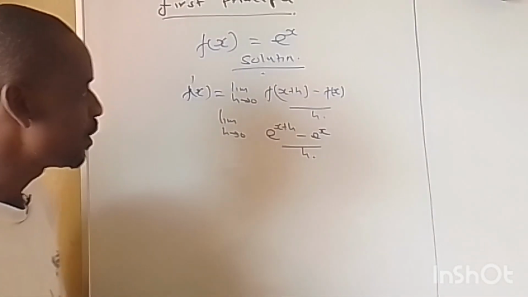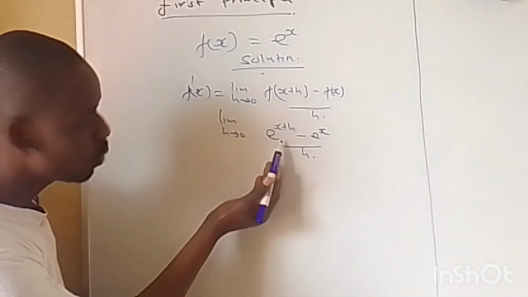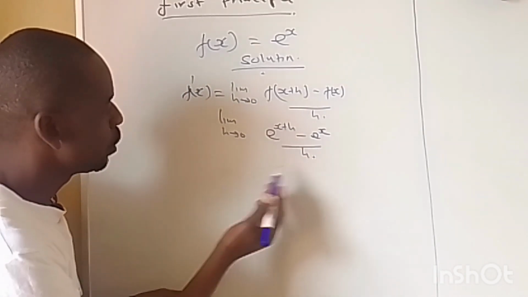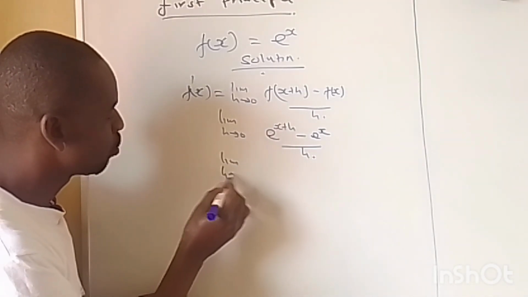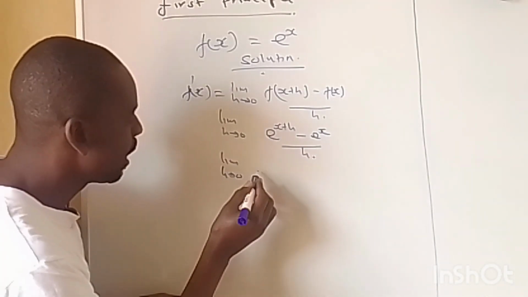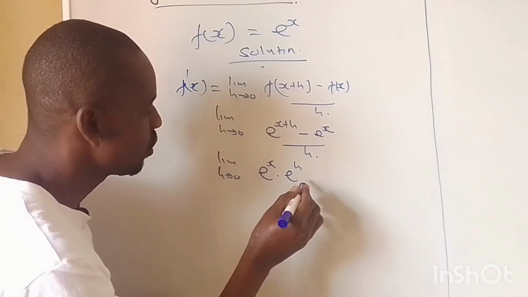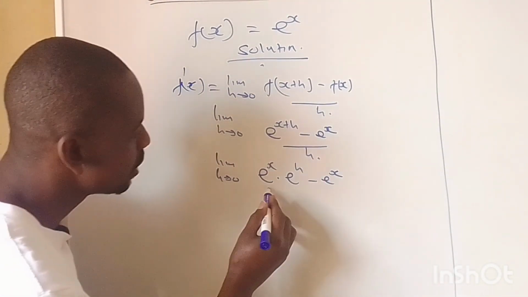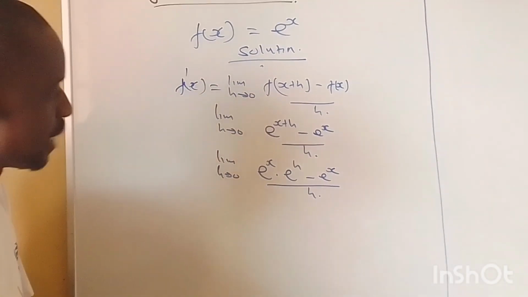I hope we are together, you guys. I hope you're following. Then I want to apply the law of indices here. I want to break this one out so that I have, as the limit h is tending to 0, then e raised to x multiplied by e raised to h minus e raised to x, all over h.